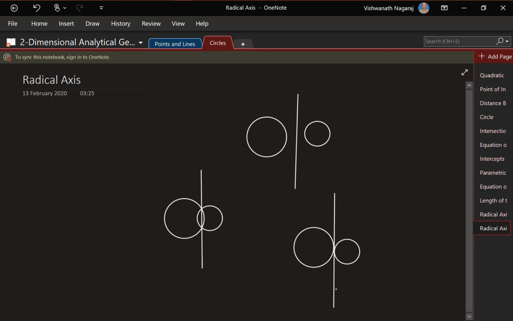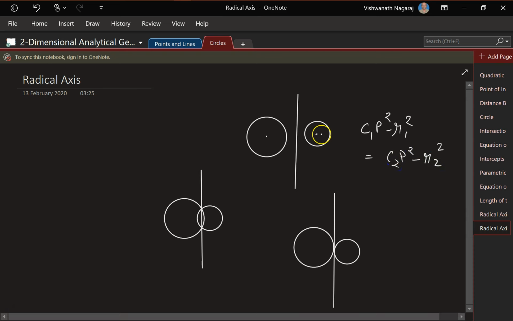So in this case, C1P square minus R1 square is equal to C2P square minus R2 square. Here the various variables have usual meanings. So C1 is the center of first circle and P is a point on this radical axis.